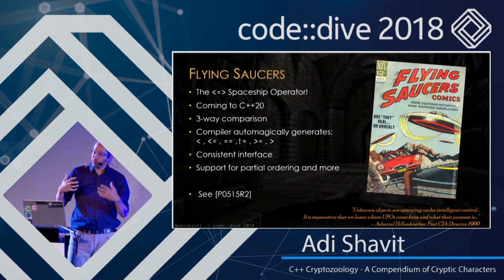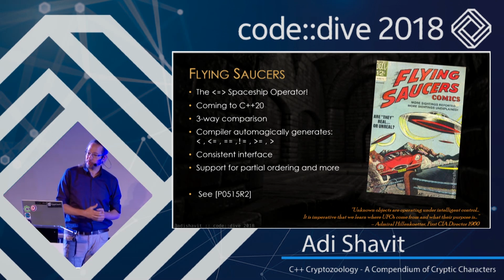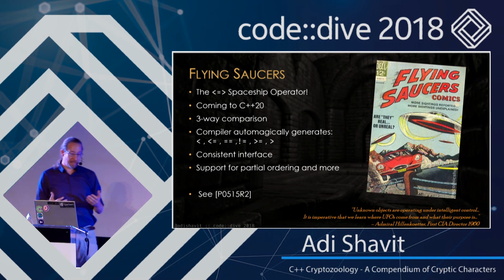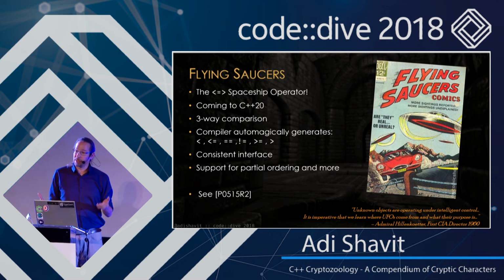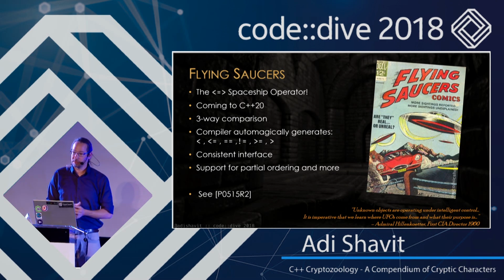So we only need to declare one comparison operator, the spaceship operator, and the compiler will automatically generate the rest of the comparison operators: the less than, equals, not equals, and so on.